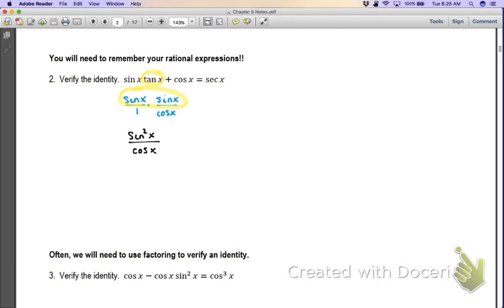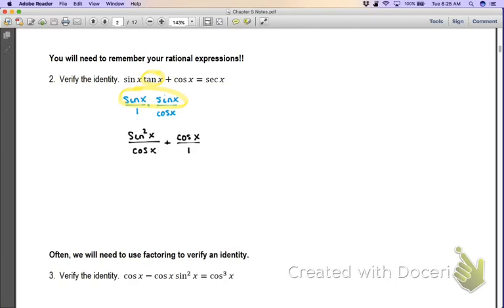Now there's nothing really I can do with that left side. If I just have cosine of x basically over 1, and I want to add any sort of fraction, what do I have to do to add any two fractions together?